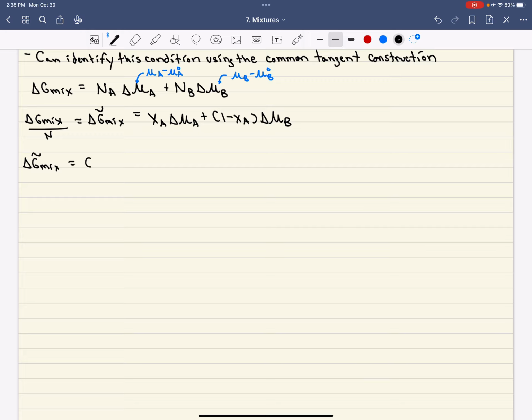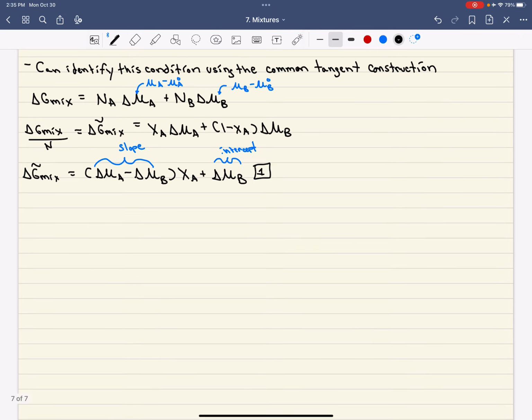So we have delta mu A minus delta mu B, all that times XA plus delta mu B. Okay? And by rearranging it into this form, we see that we just have a linear equation with respect to XA, such that this is the slope and this would be the intercept. Okay? So I'm going to call this equation 1.